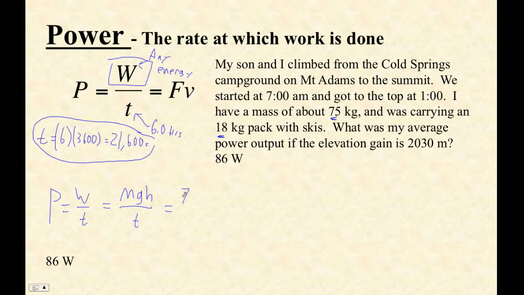So that's going to be 75 plus 18 times 9.81 times all the elevation gain, right? Divided by 21,600, right?